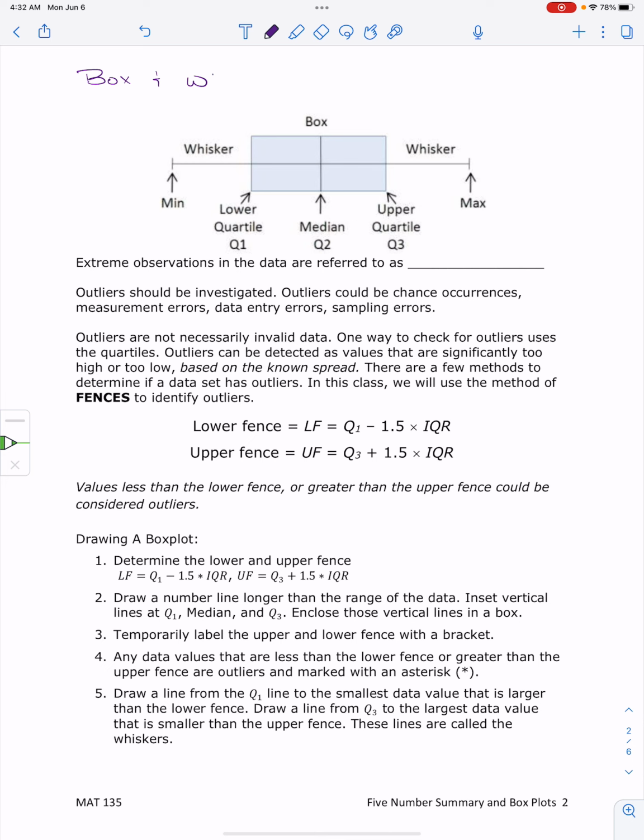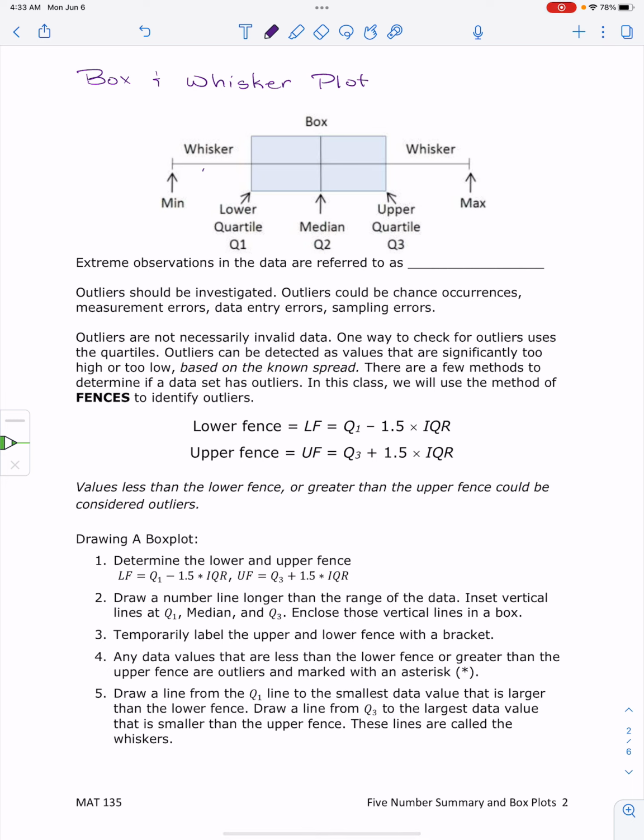A box and whisker plot is great for visualizing the physical spread of the data. Okay? So think about how we divided this up before. Our median cut our data set in half, 50% above, 50% below. Q1 cut that bottom half in half.